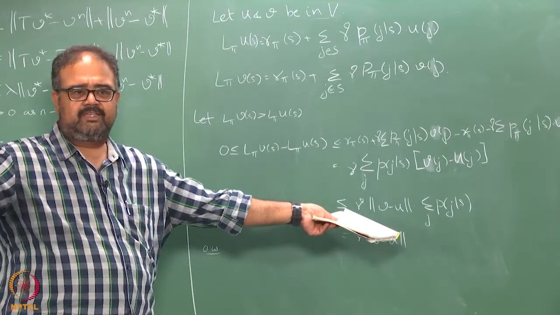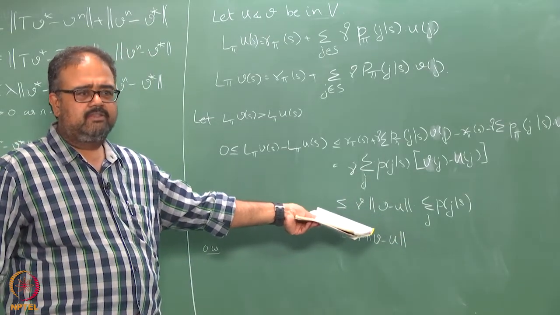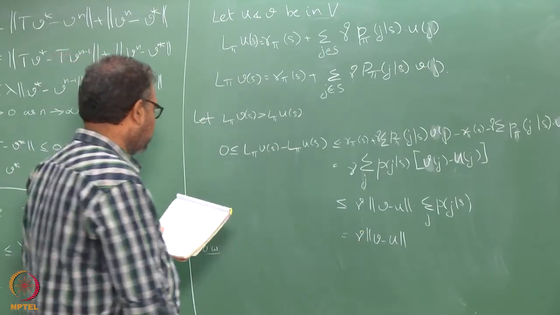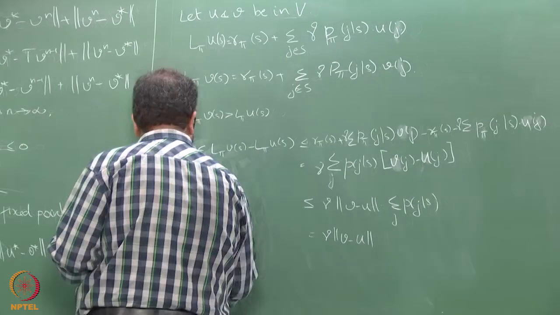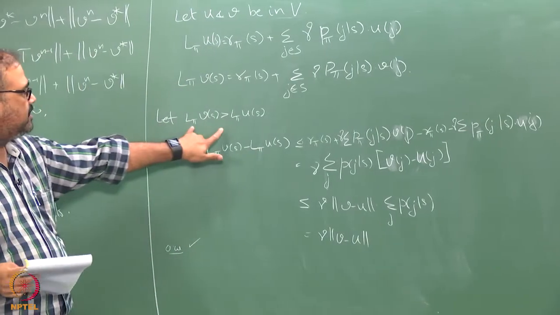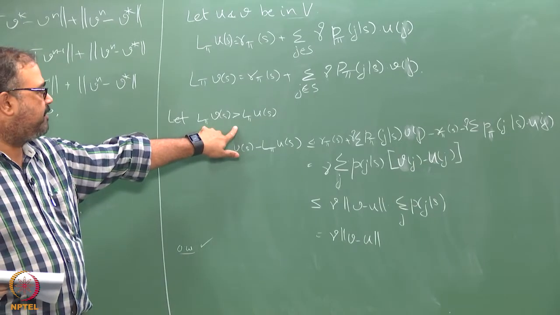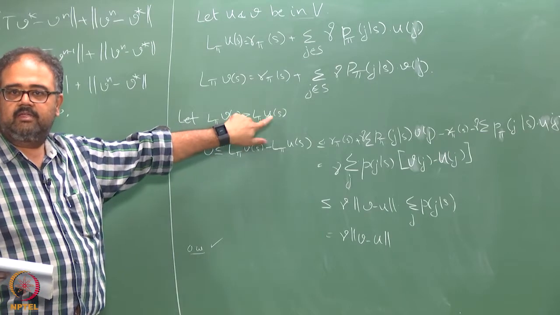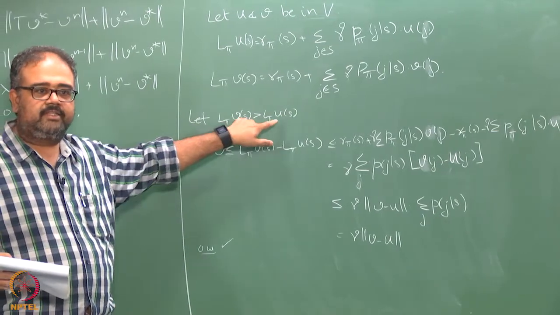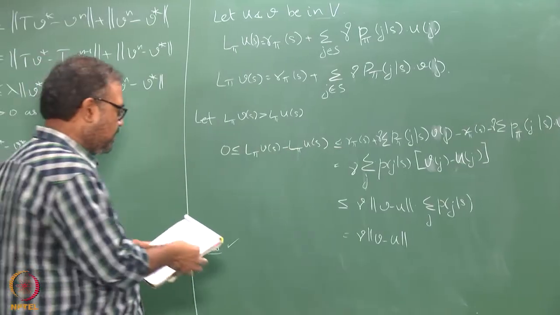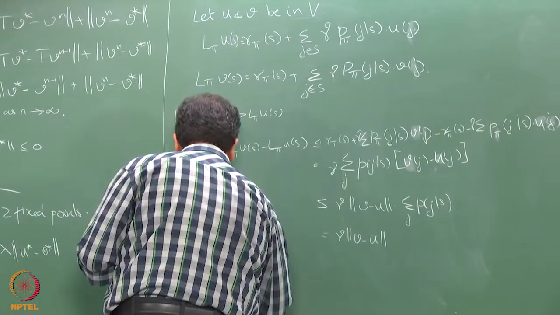Norm of v minus u is the same as norm of u minus v, so you will end up with the same expression. I am assuming that you guys will finish the other way around, when L pi v of s is less than L pi u of s. Putting these things together gives us what?